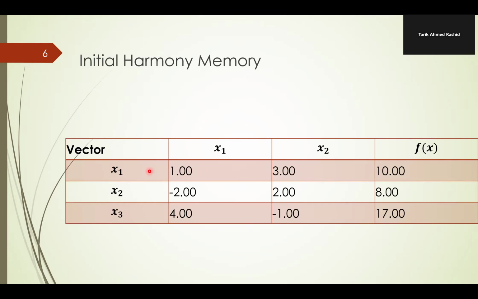This is the random initial harmony memory, with fitness values of 10, 8, and 17. We can see the best solution has the minimum fitness, 8.